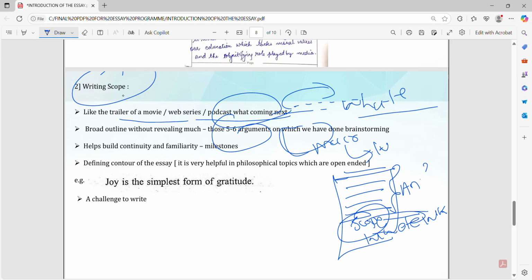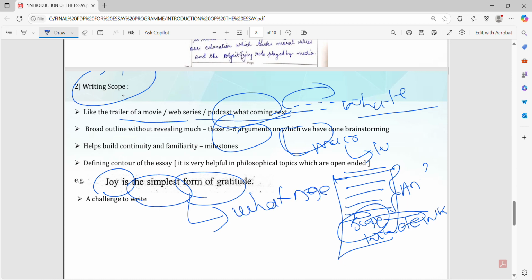So for example, joy is the simplest form of gratitude. Okay, we are going to see what is the meaning of joy for a nation, individual, international institution.